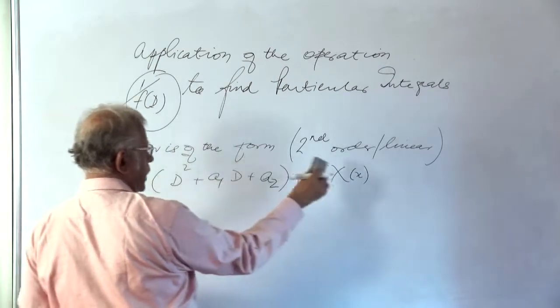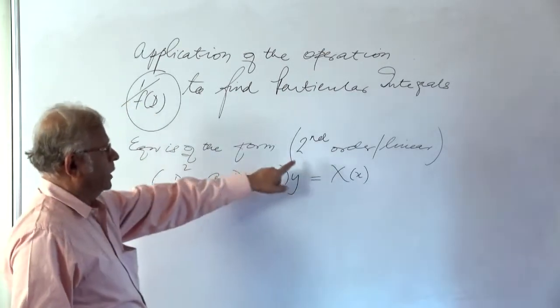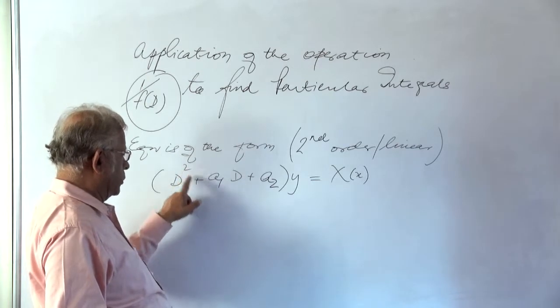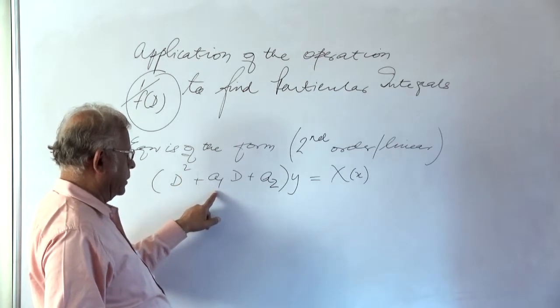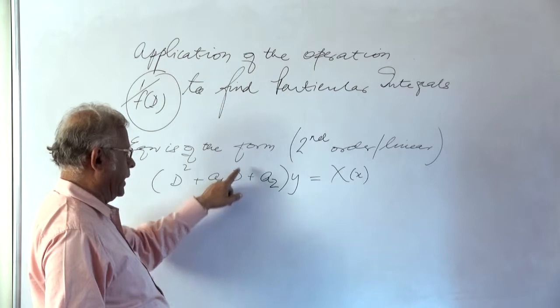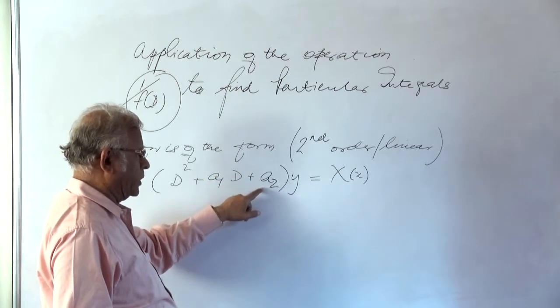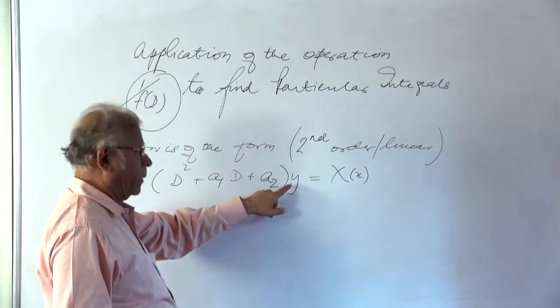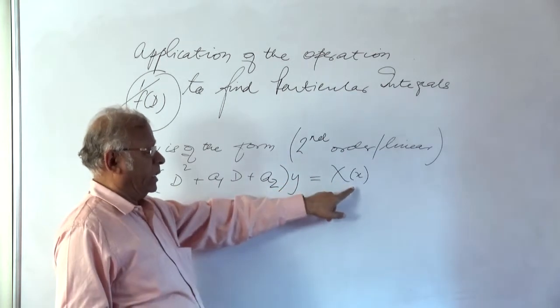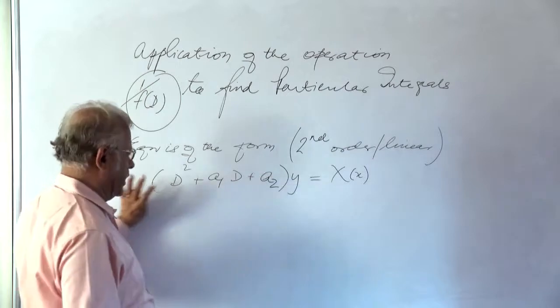The equation that we are going to discuss is of the form (D^2 + a1 D + a2) applied on y gives the function capital X. This is the differential equation.